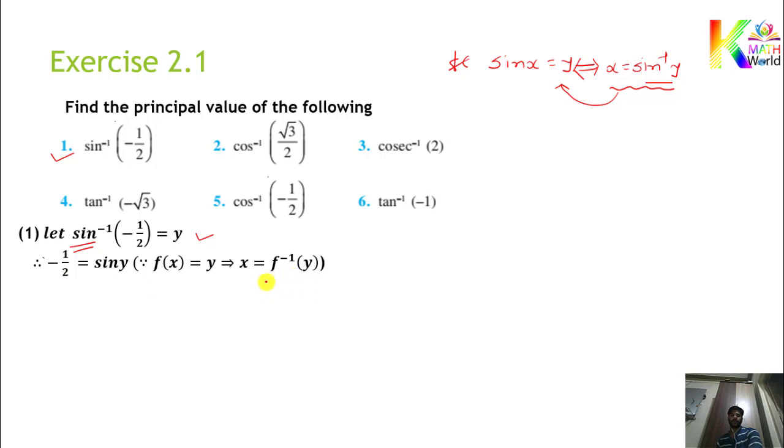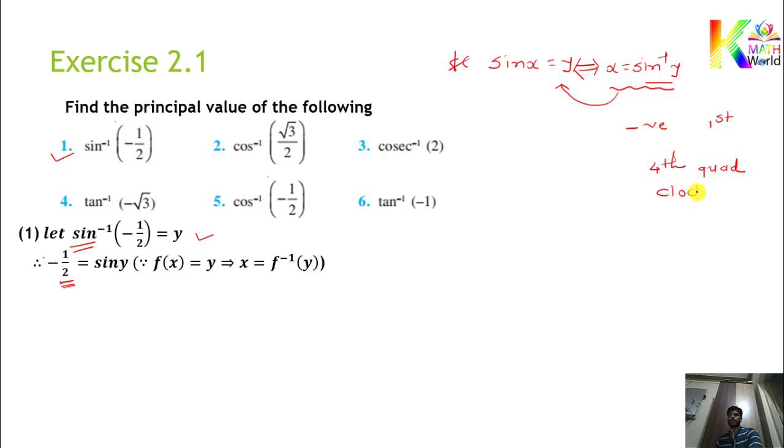Using what we discussed, for a negative value and a first group function, from which quadrant do we write? Fourth quadrant, and which direction?